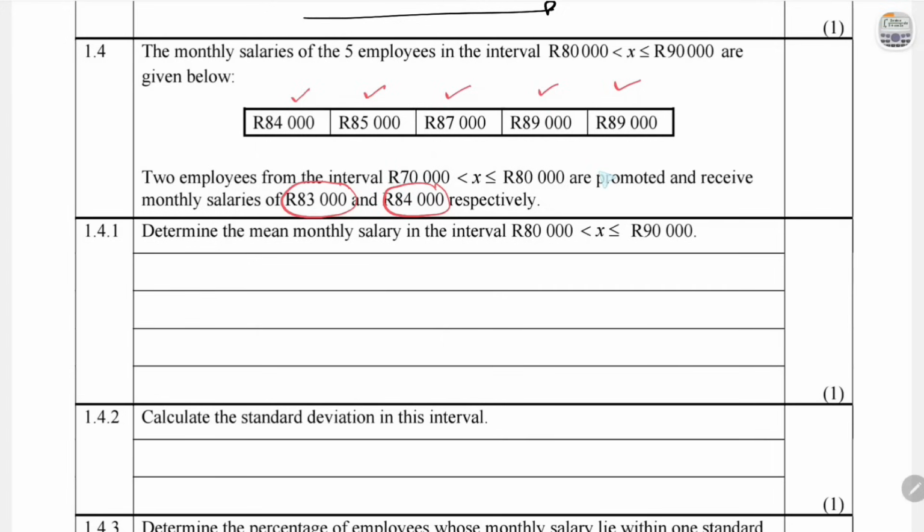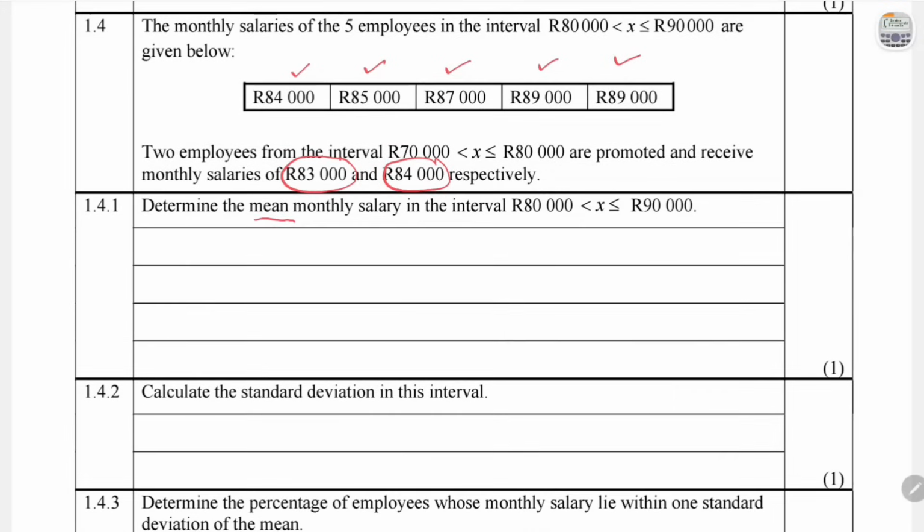Okay, so they move from this category and they move to this one. So here we have 5 people here, but now these 2 more will be added. And question 1.4.1 says, determine the mean monthly salary in the interval from 80K to 90K.